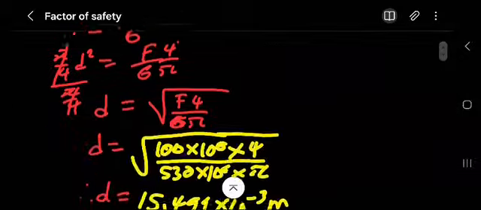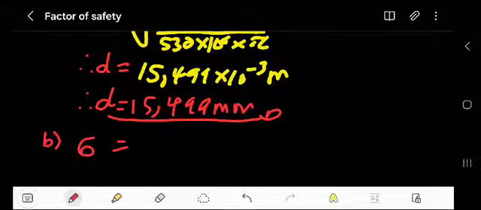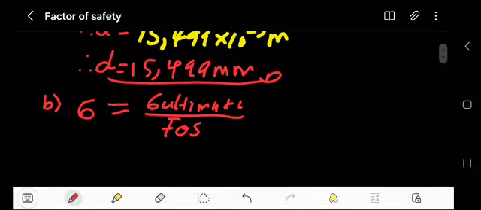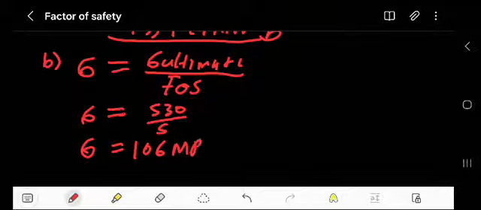We know the working stress will be the ultimate stress divided by the factor of safety, whereby the ultimate we have been given is 530, divided by 5, and punching that gives 106 megapascal.